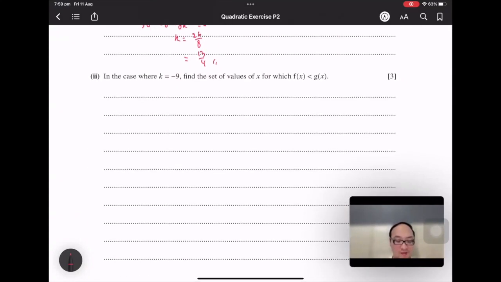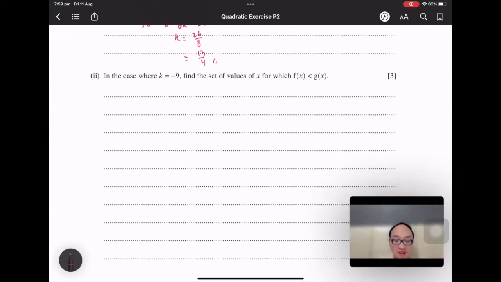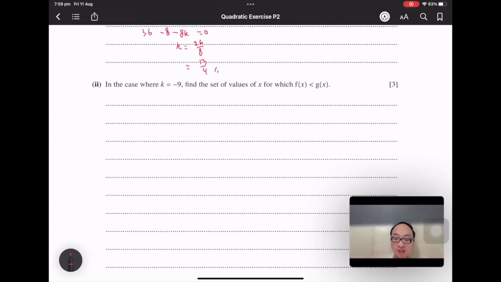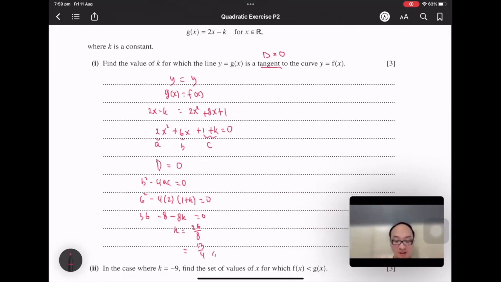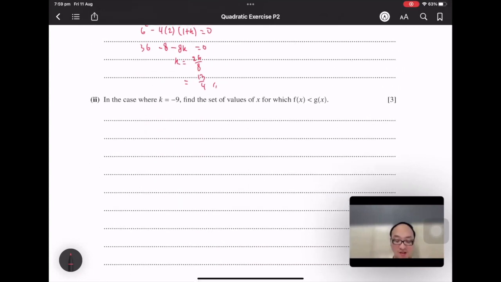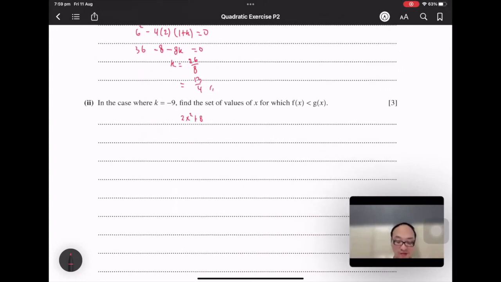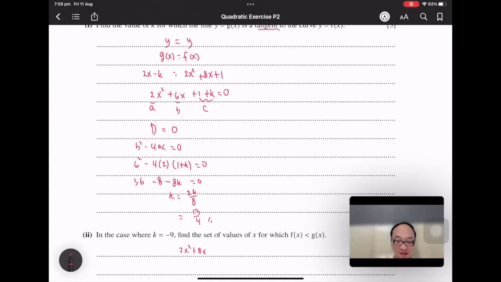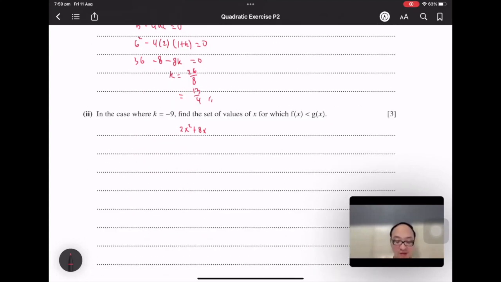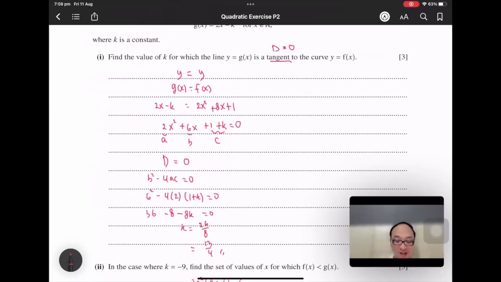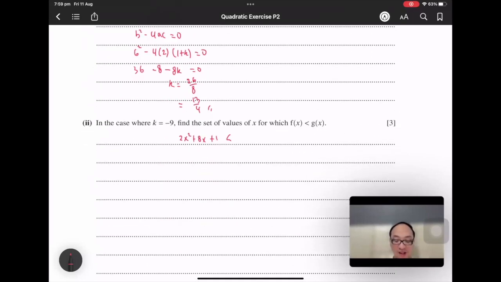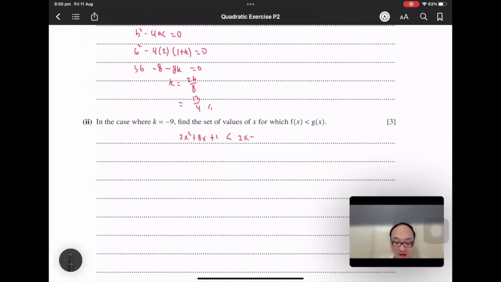In the case where k equals negative 9, find the set of values of x for which f(x) is smaller than g(x). So f(x) is 2x squared plus 8x plus 1, is smaller than g(x), 2x minus k, where k is negative 9.